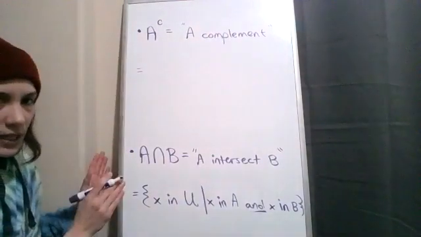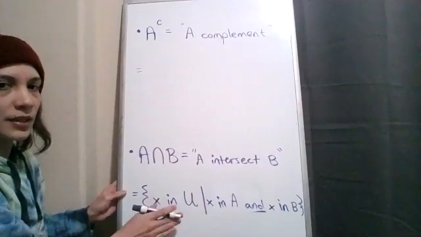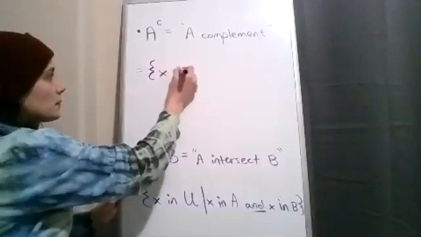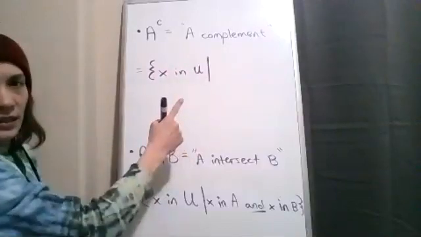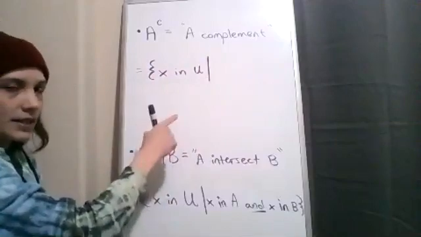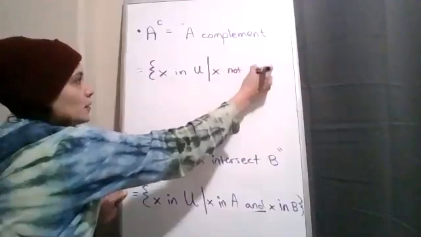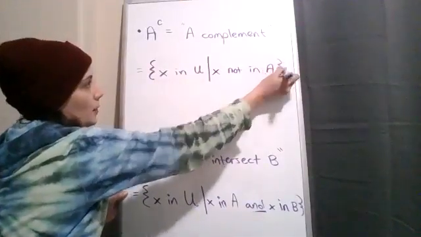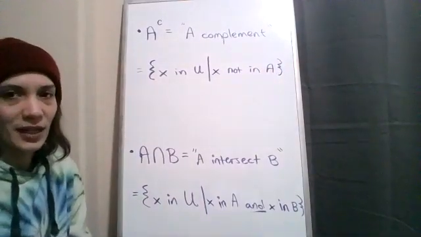Okay, so you start your set of x in U, your elements x in the universe U, such that x is not in A. Okay, now we can do a lot of examples.